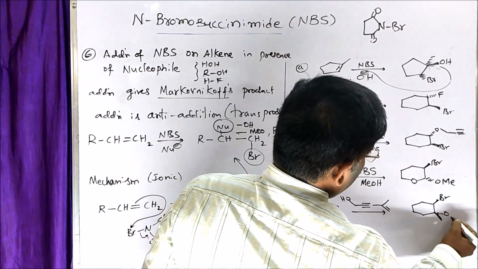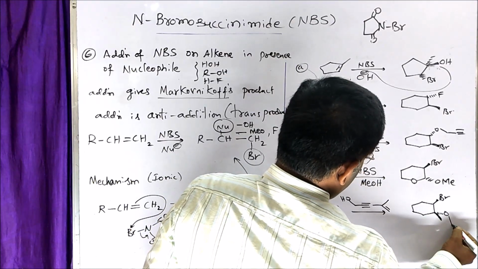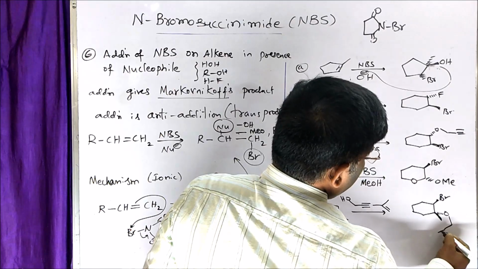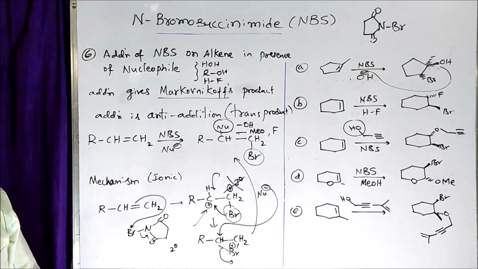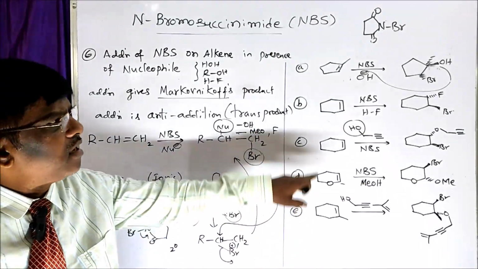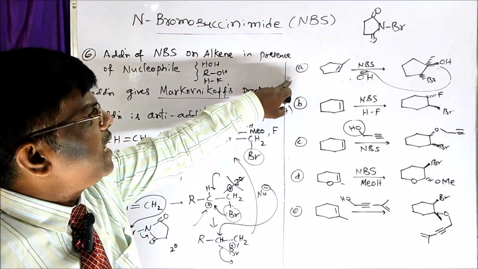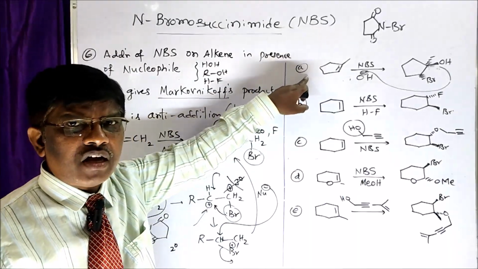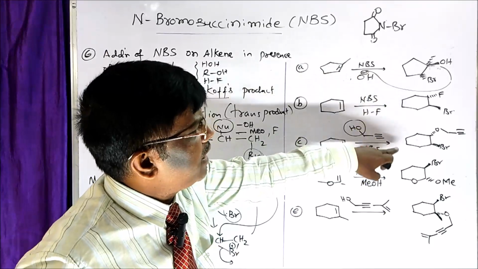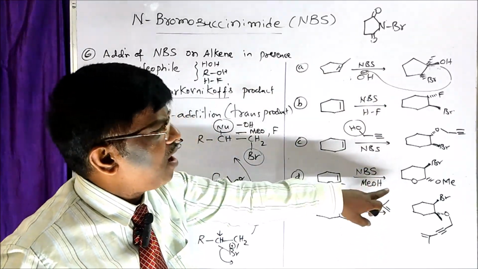So this is a carbon and here one carbon, and the remaining is going to be intact. So this is the product we are going to get. This is how addition of bromine takes place in presence of nucleophile. The addition follows Markovnikov's rule, and the products we are going to get are anti to each other, or trans addition is taking place.